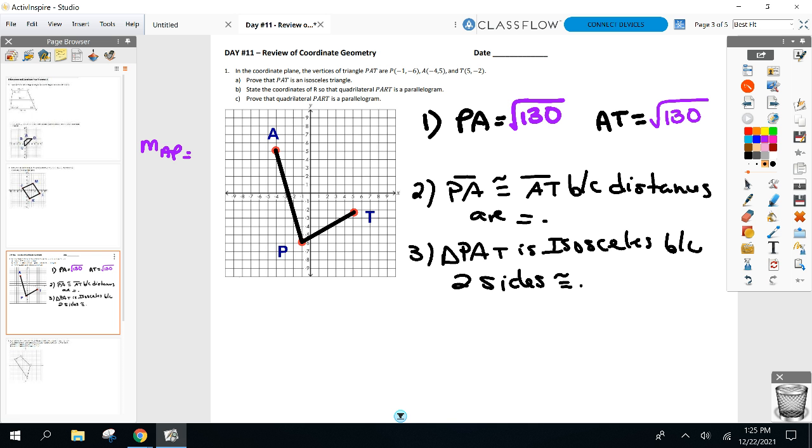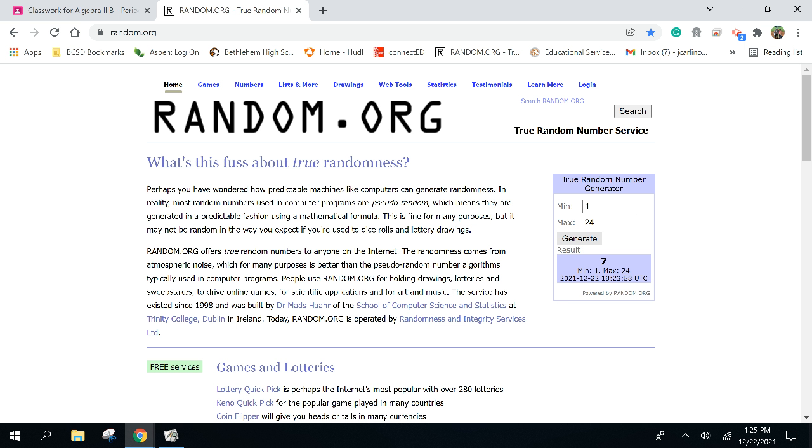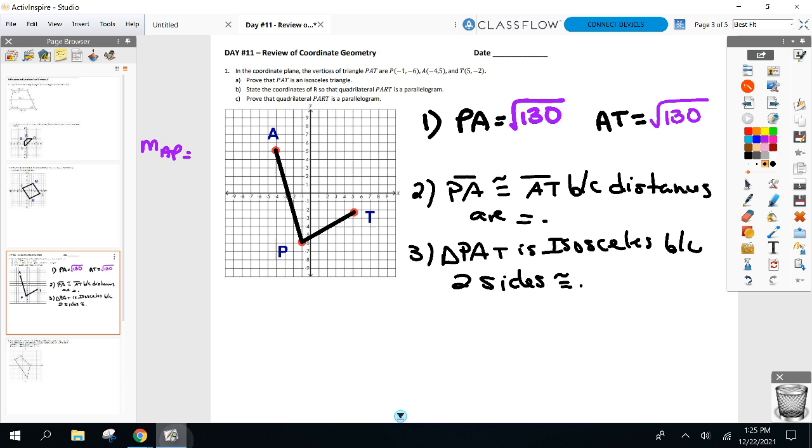AP. I get it. You guys don't know. Up and over how many? Negative 11 fourths. Negative 11 fourths. Thirds. Oh, I graphed it wrong. Come on, Claire. You're better than that. All right, so TR, wherever I put R, should also be negative 11 over 3.